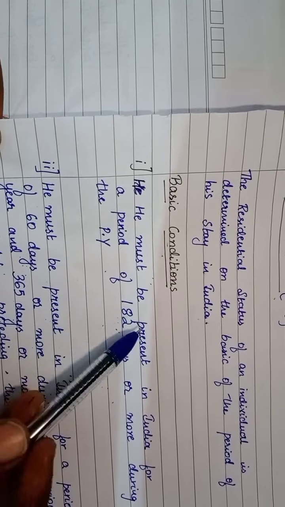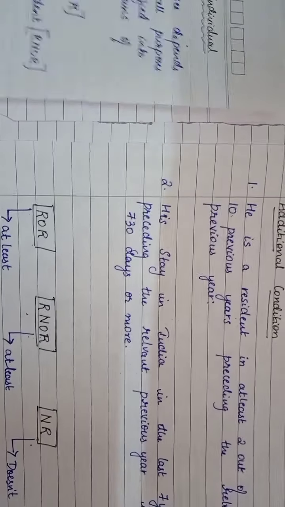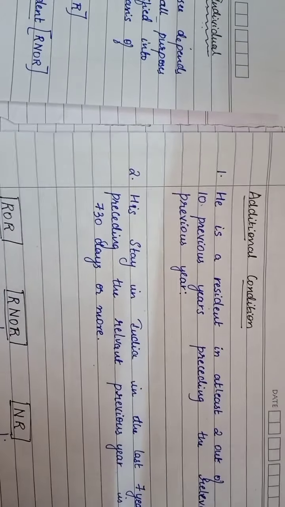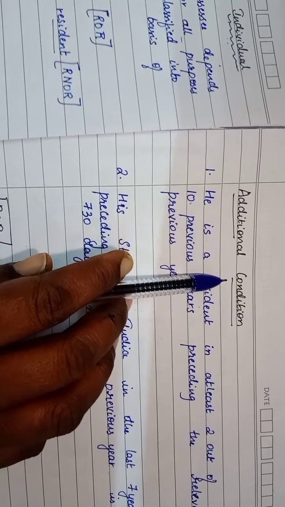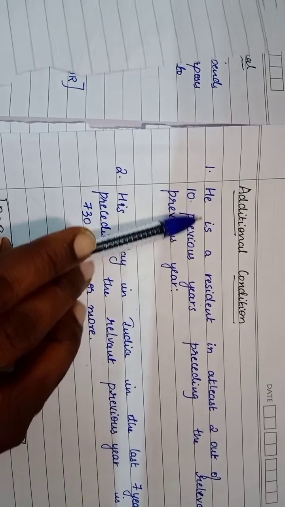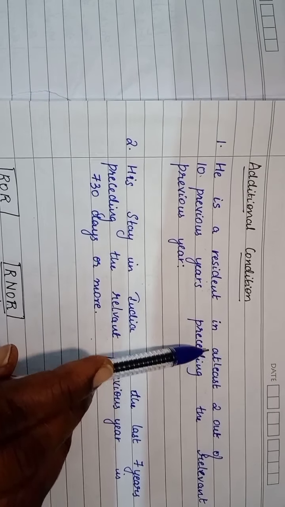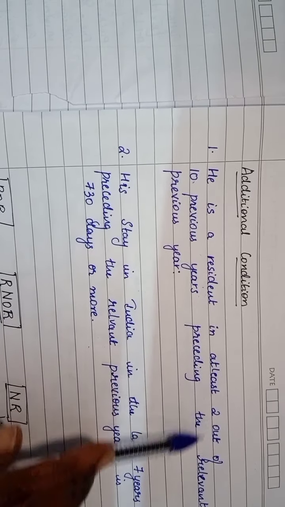Okay, so if he satisfies any of these conditions, we have to further check whether he satisfies the additional conditions. Let us see the first additional condition. The additional condition is that he is a resident in India in at least 2 out of 10 previous years.